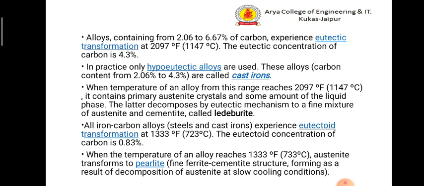The eutectoid concentration of carbon is 0.83%. When the temperature of an alloy reaches 1330 degrees Fahrenheit, austenite transforms to pearlite, a fine ferrite-cementite structure forming as a result of decomposition of austenite at slow cooling conditions.